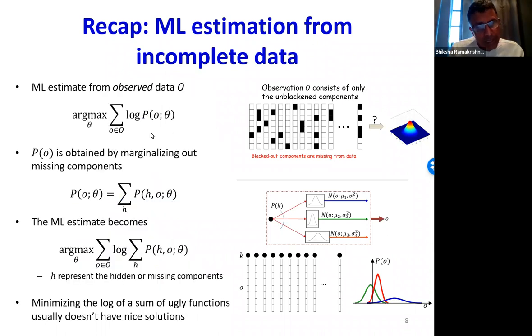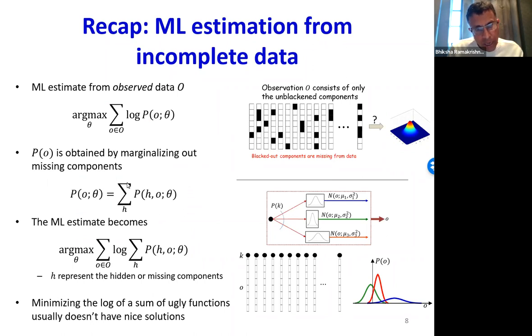And so we saw in this case that we can obtain the probability for the data that we have observed by marginalizing out the bits that we have not. So here, for example, you could marginalize out the components. H would represent all of these missing components for each vector.